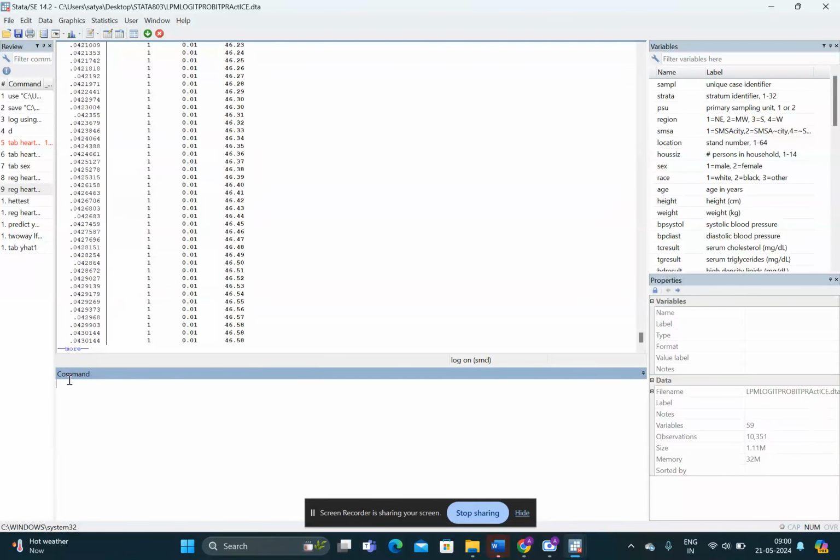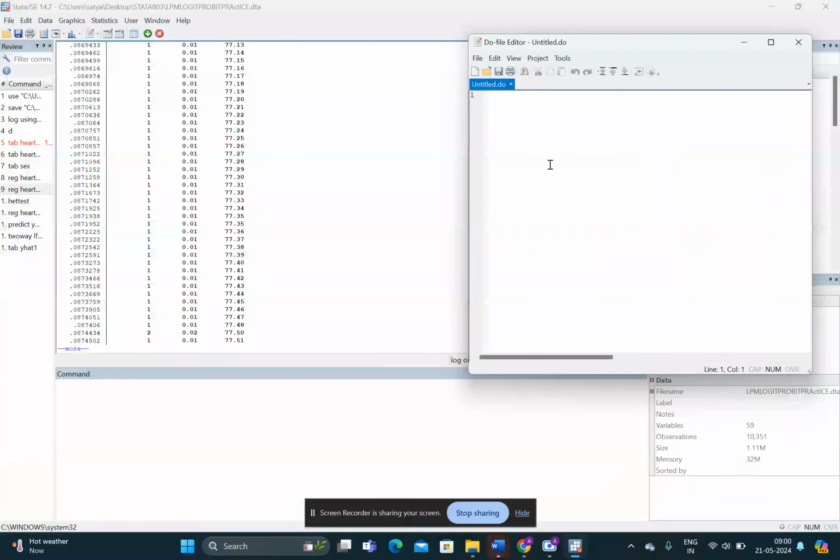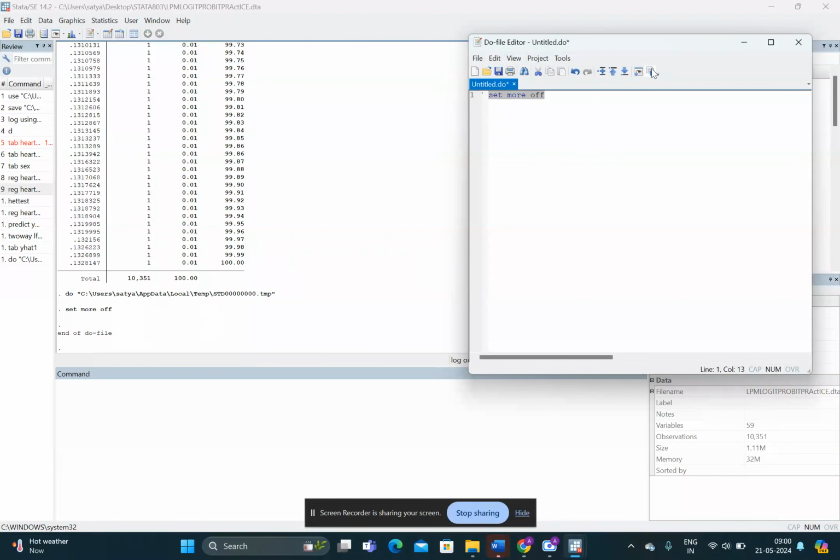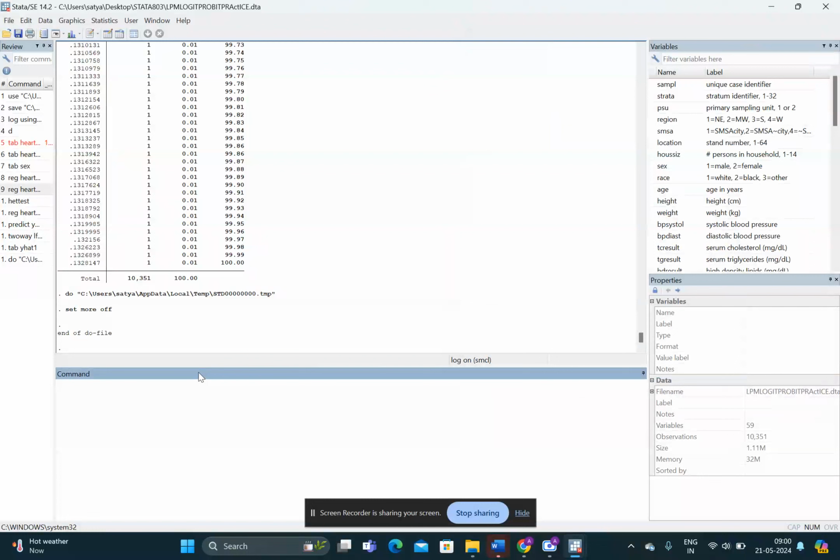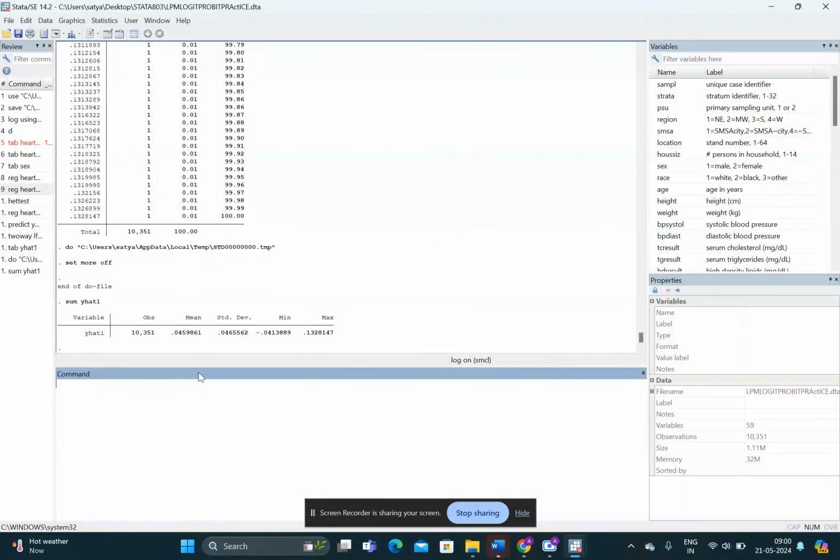Wait 1 minute. I need to do set more off. So now we will do sum y hat. Okay, sum y hat 1 detail.